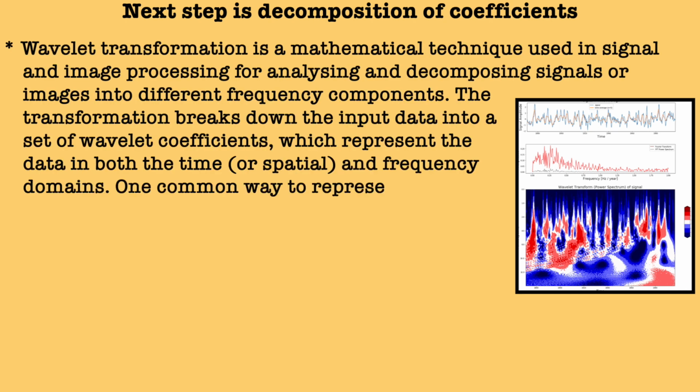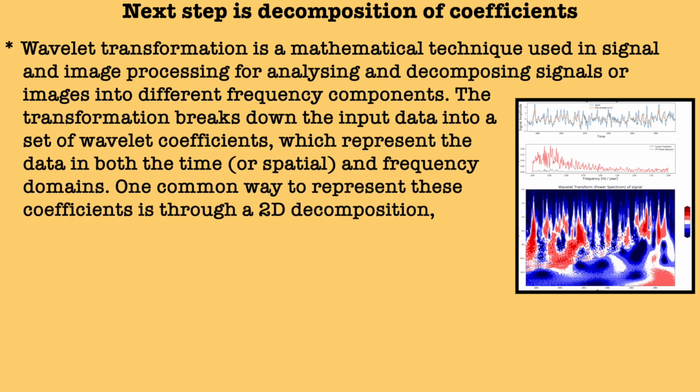Wavelet transformation is a mathematical technique used in signal and image processing for analyzing and decomposing signals or images into different frequency components. The transformation breaks down the input into a set of wavelet coefficients which represent the data in both time and frequency domain.